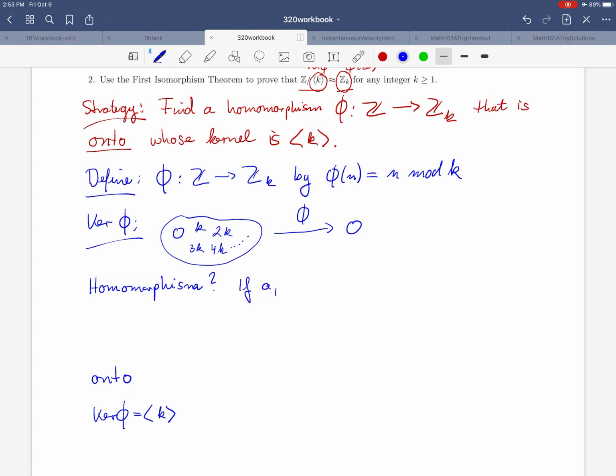All right. Do we have a homomorphism? Well, let's look. If we have two elements in Z, then is the operation preserved? What's phi of A plus B?